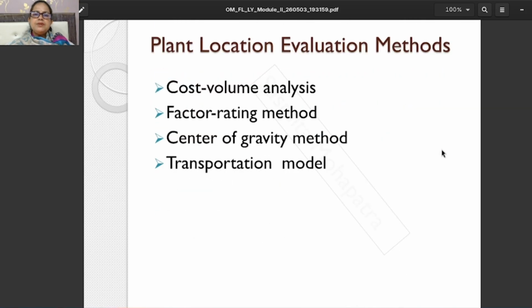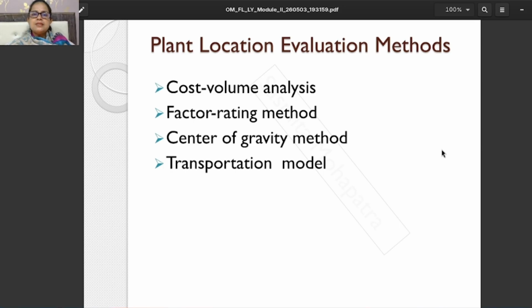Plant location evaluation methods. Actually, when we go for evaluating a location of the plant, we normally go for analyzing with different methods. These methods are cost volume analysis, factor rating method, center of gravity method, and transportation model. Cost volume analysis is also known as break-even analysis. Then the factor rating method, where we analyze different factors.